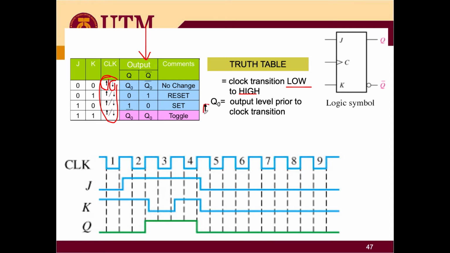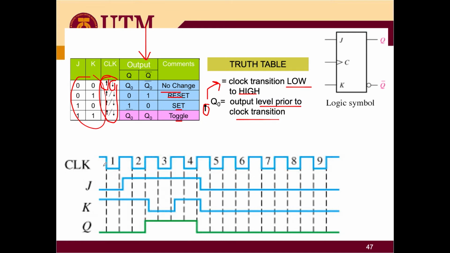So this is supposed to be here. So the output level has priority to the clock transitions. So over here you need to know it is triggered for your low to high, and you can see the output, no change, reset, set, and toggle depending on your input.